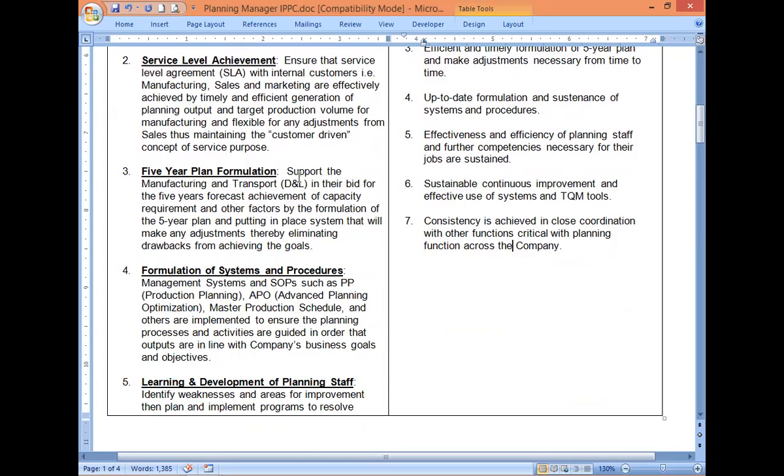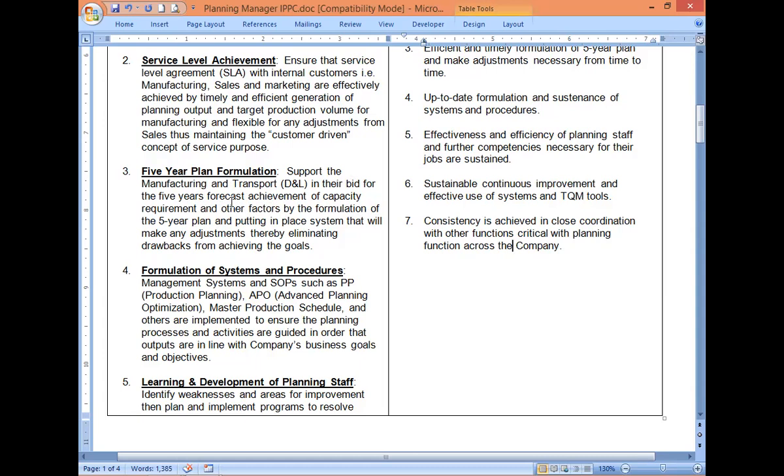5-year plan formulation: support the manufacturing and transport in their bid for the 5 years forecast achievement of capacity requirement and other factors by the formulation of the 5-year plan. Why is sales not here? Because sales is just giving you the forecast, the volume, how many million metric tons they want for next year, how many million liters they want for the juices next year, or the next 5 years rather.